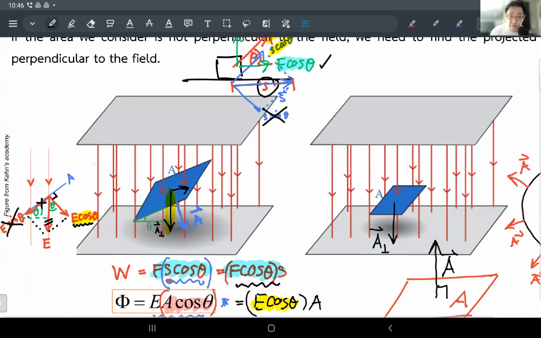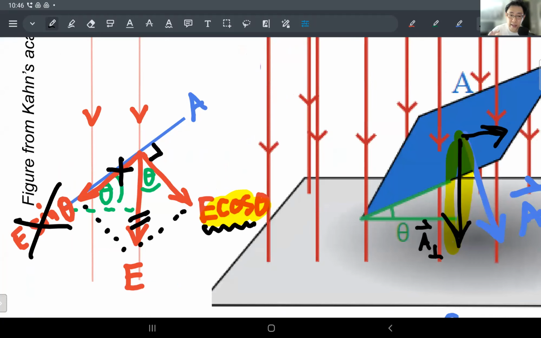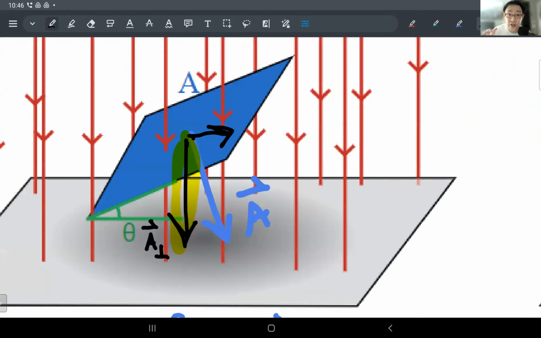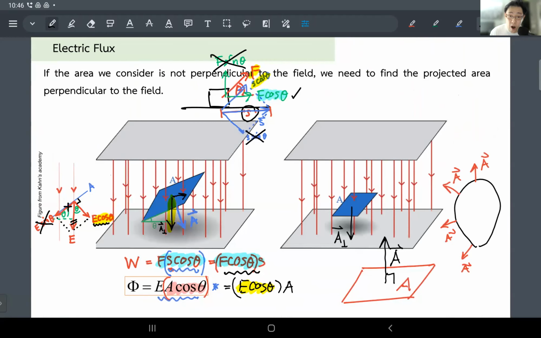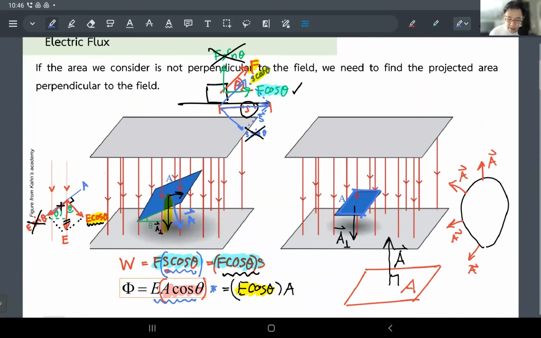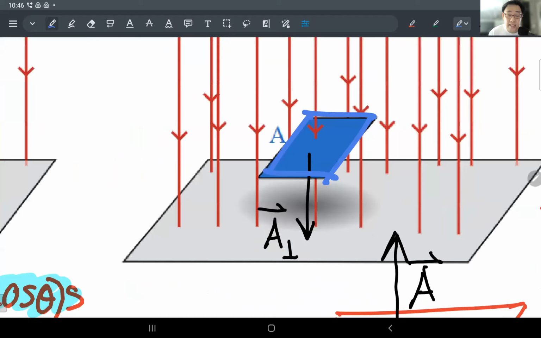Instead of doing the electric field decomposition, instead of breaking the electric field into two components, I choose to break the area vector instead. And by doing that, I will only take the one that is perpendicular to the field. So the actual area that is perpendicular to the field is in the right side figure here. However, from the definition of the area vector, the vector itself is going to point perpendicular to that blue area. So your vector is pointing down.